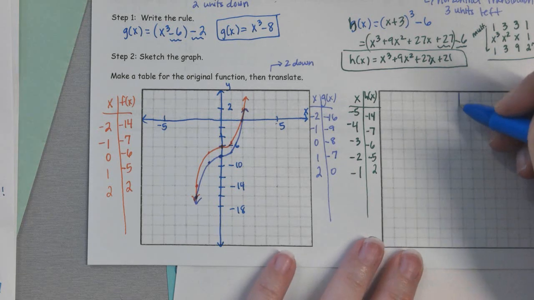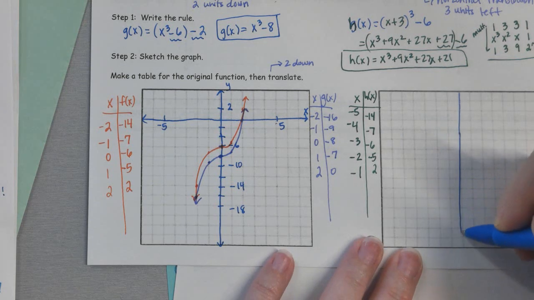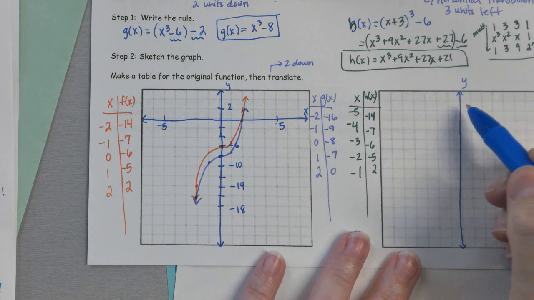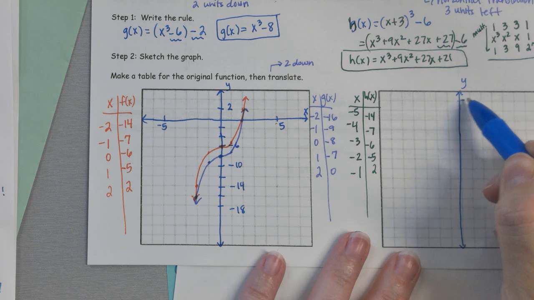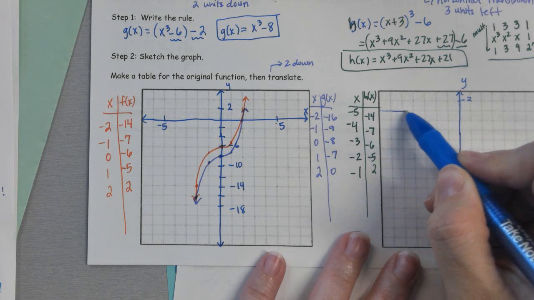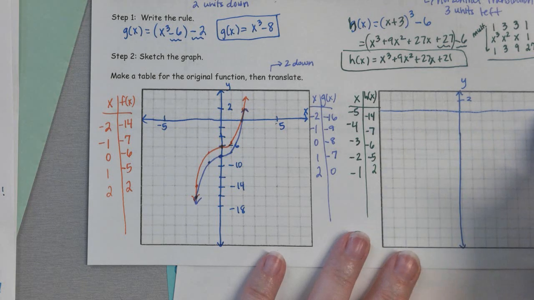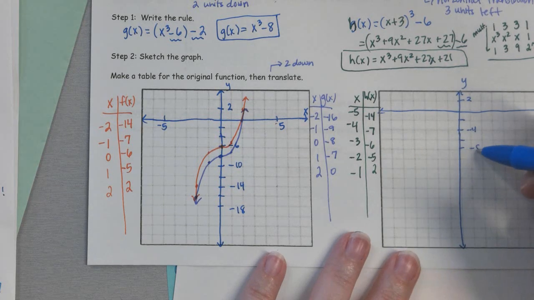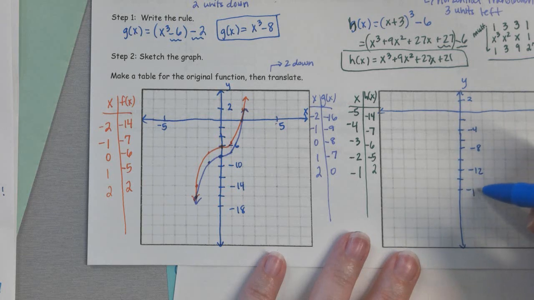Alright, so we're going to make our graph. Got my 2. I'm going to do the same thing. Negative 2, negative 4. Negative 6, negative 8. Negative 10, negative 12. 14 and 16.